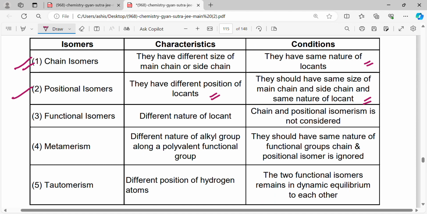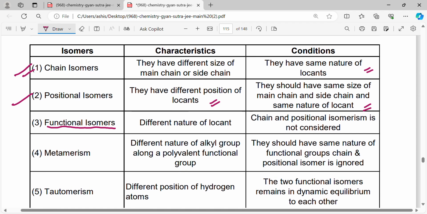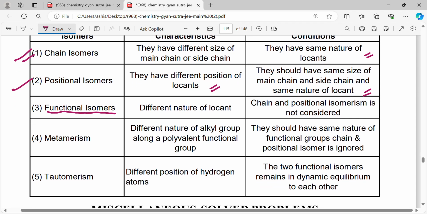For functional isomers, actually they have different nature of locant. Functional isomers are those isomers in which the functional group is different. So the functional group is different, it means the family is different. But all of you know that for any type of isomerism, the molecular formula should be the same.